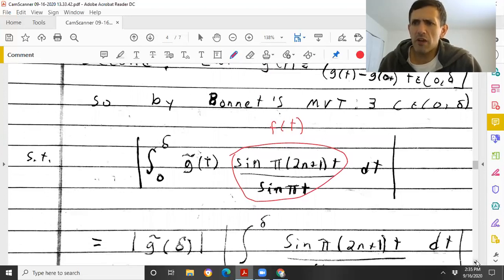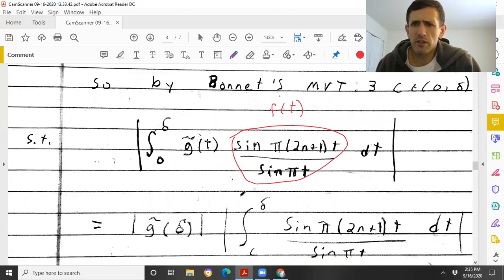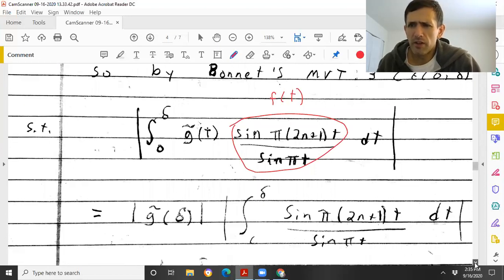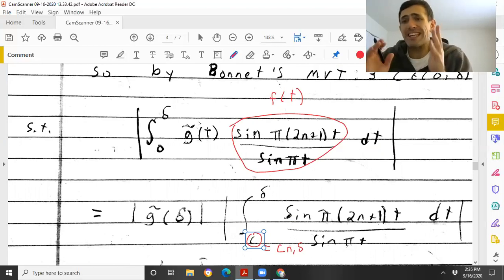One key point here is that c absolutely depends on n, and it depends on delta. So that's something we need to be careful of.